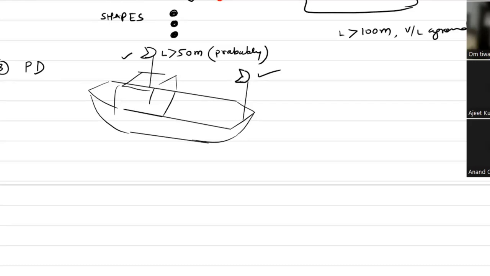And then it is going to have side lights. Side light I am representing like this. I showed you the arc. And this side, obviously, you will not be able to see from this side, but I'm showing this diagram in a 3-dimensional way so that you are able to figure it out. And then stern light. By the way, this PD is underway.